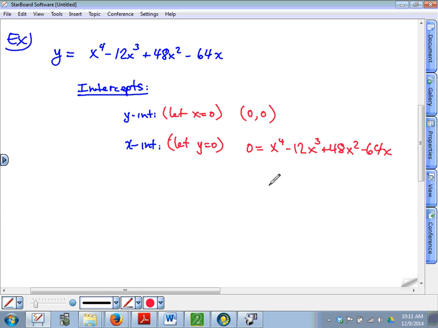What do you suggest? Factor out. We try to factor out an x. x to the third minus 12x squared plus 48x minus 64.